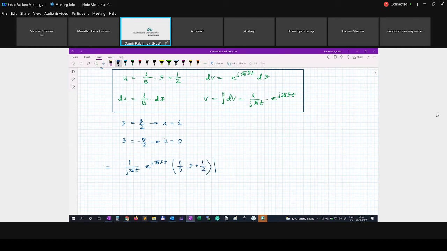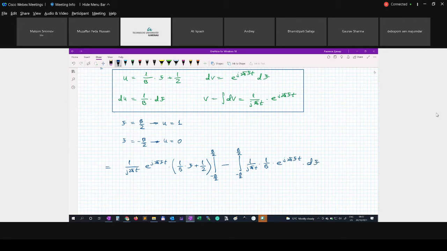Then you have these two limits. Now we substitute both values. And then we have minus the following: the integral from minus B over 2 to B over 2 of 1 over j2πt times 1 over B times the exponential function e^(j2πft) df.